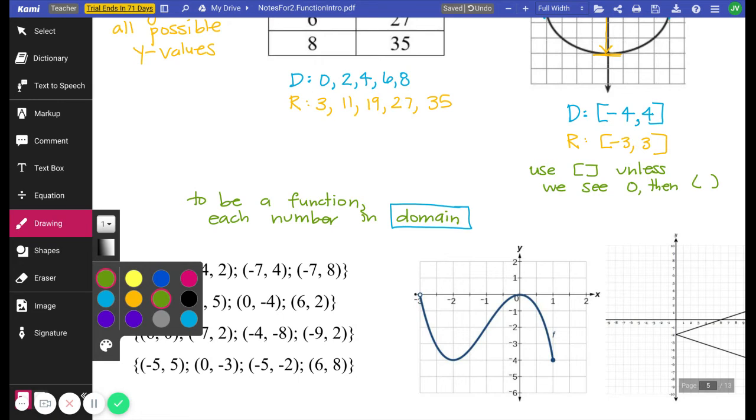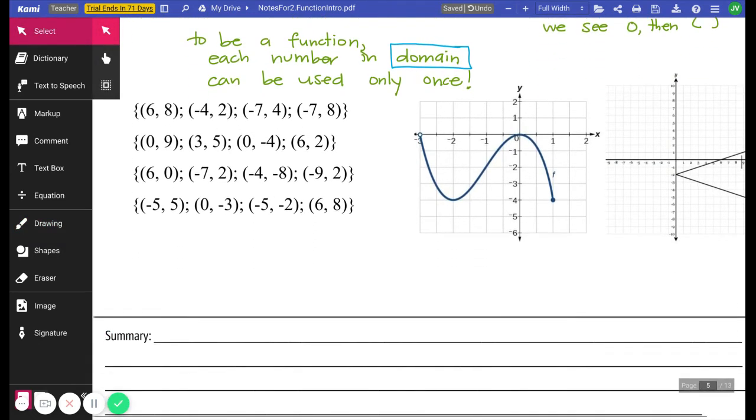Each number in the domain can be used only once. So here's what this means. You're going to be asked to determine if something is a function or not if you're given a list of ordered pairs or a table.